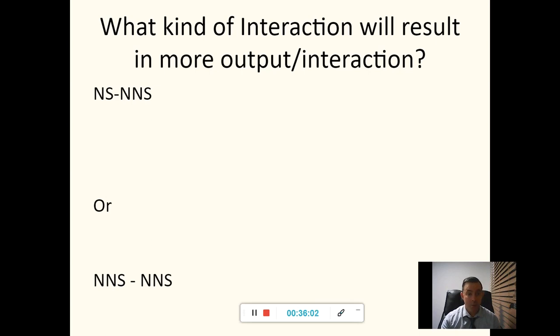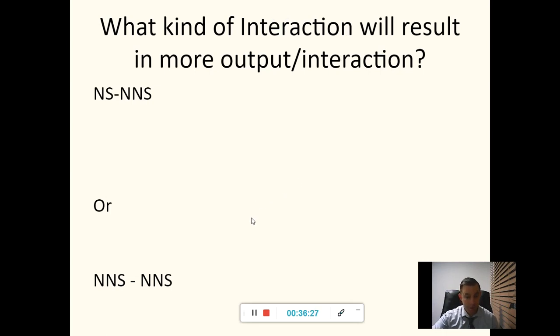Or would it be something more like a non-native speaker and a non-native speaker would have more output and interaction? Why don't you pause while you think of that and make your choice, right? Make your choice, and then when you have a choice that you're 100% on, this is my answer, then you can hit pause again and let it play.